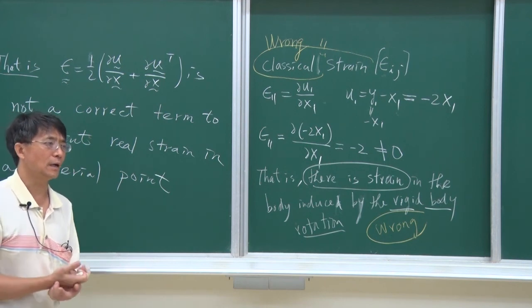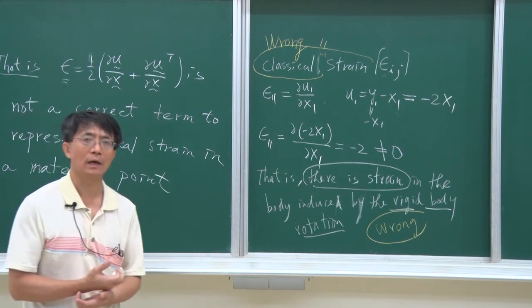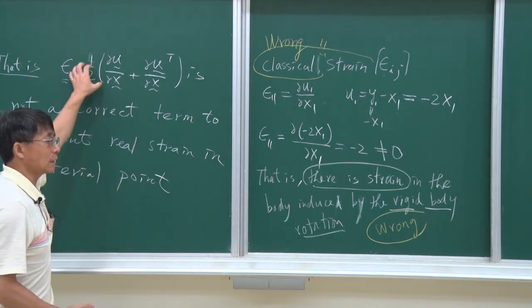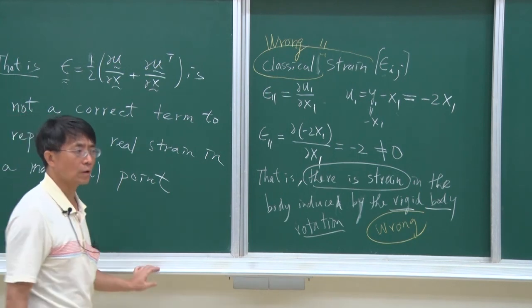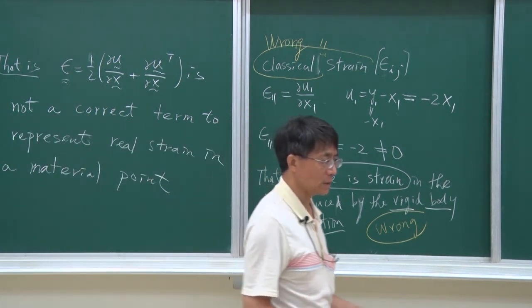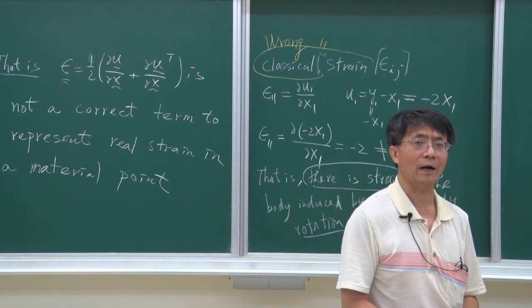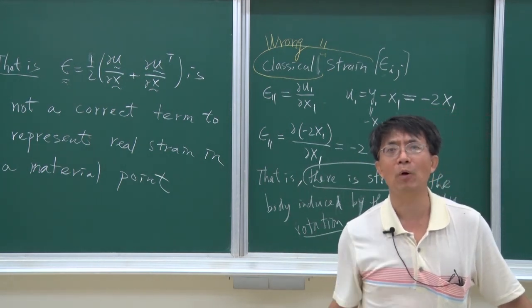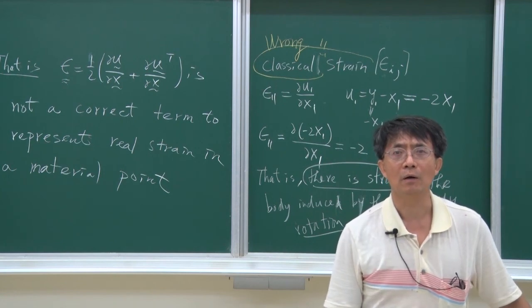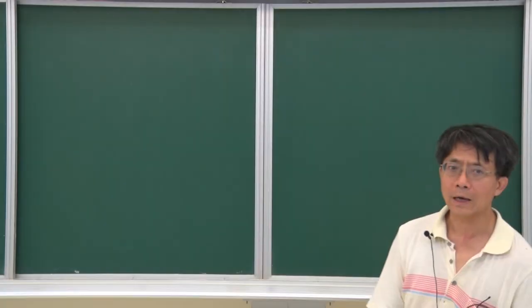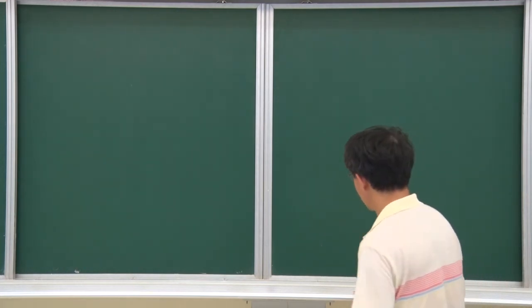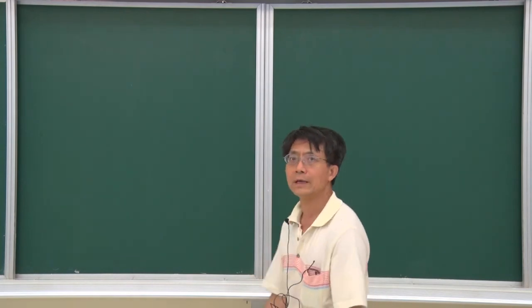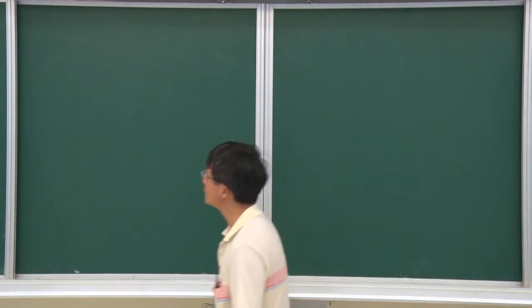Okay, in the old day, you can imagine that scientists found out that this definition is not a good way to represent strain. Then they felt nervous for some time and then found an appropriate way to talk about strain. Okay, let me continue to discuss the concept related to the classical strain.